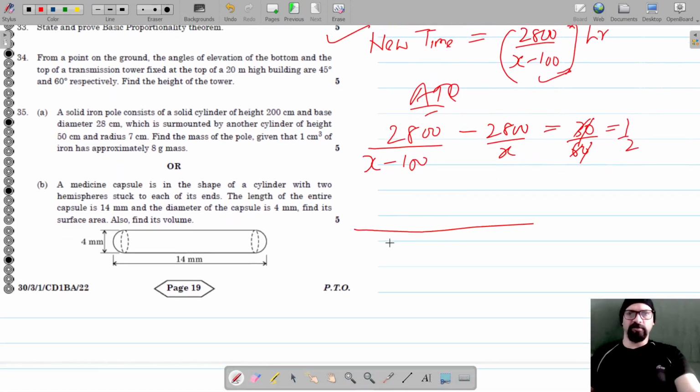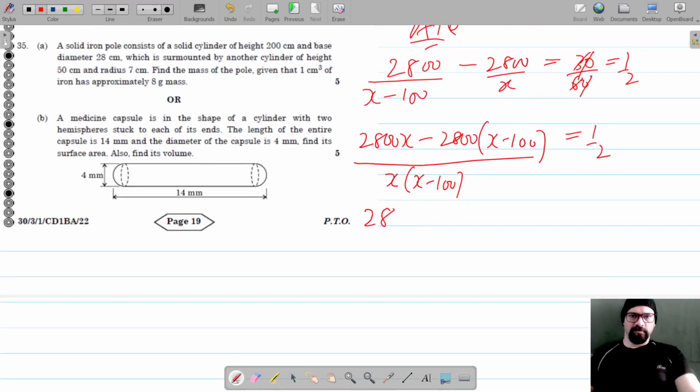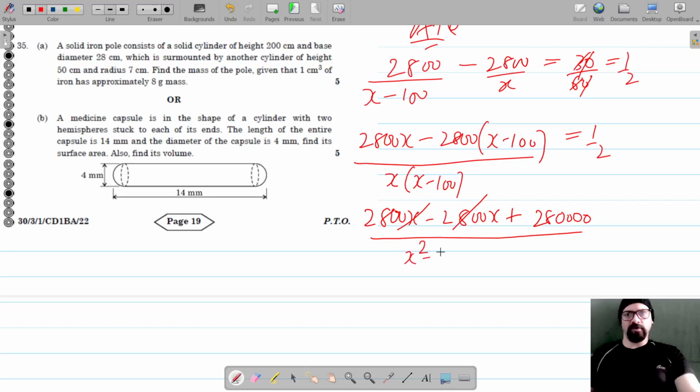So if I take LCM in this case, so this is x into x minus 100, and we are left with 2800x minus 2800 into x minus 100 equal to half. Okay, so this is 2800x minus 2800x plus 280000, upon x squared minus 100x is equal to half.